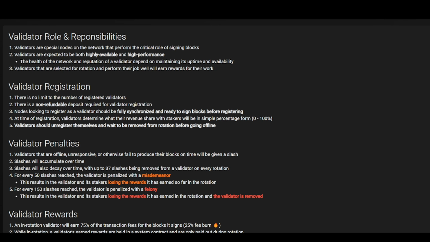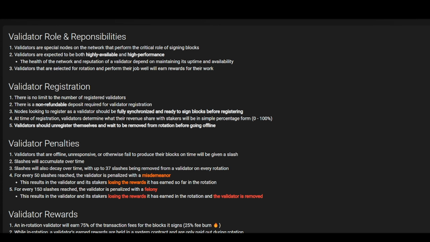Now, validator registration, how do you become part of it? Well, number 1, there is no limit to the number of registered validators. Number 2, there is a non-refundable deposit required for validator registration. Number 3, nodes looking to register as a validator should be fully synchronized and ready to sign blocks before registering.